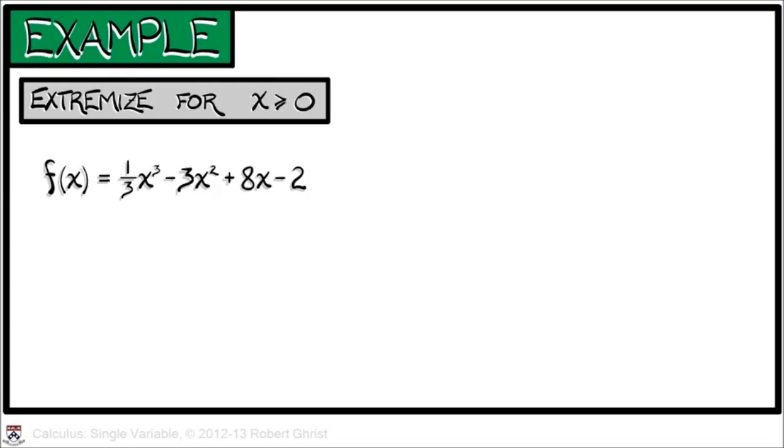So no negative values. Let's proceed the same way. We compute the derivative of f, and we get x squared minus 6x plus 8. To compute the critical points, we're going to want to factor this as x minus 2 times x minus 4.